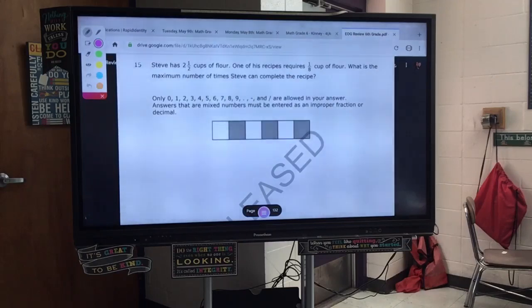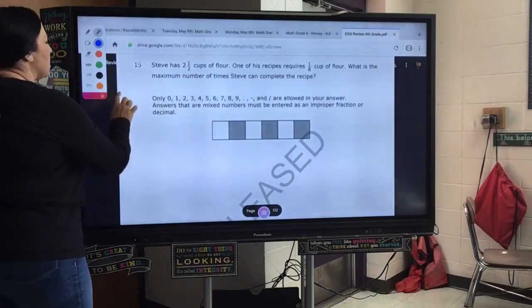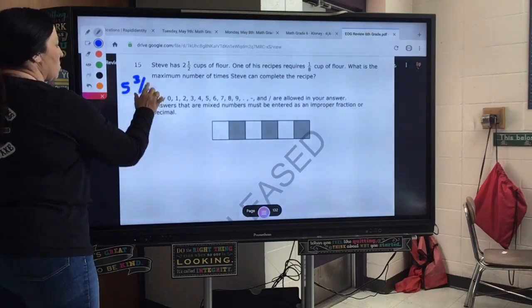It's not a multiple choice question. So you have to be able to put your fractions in proper form or improper fractions. Let's say your answer comes out to be, this is not the answer, but let's say it's 5 3/4.